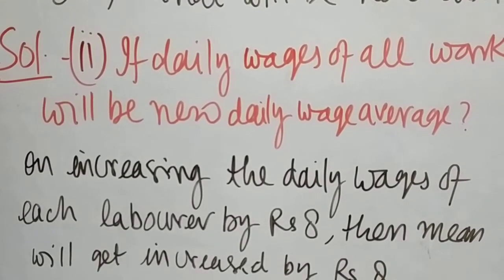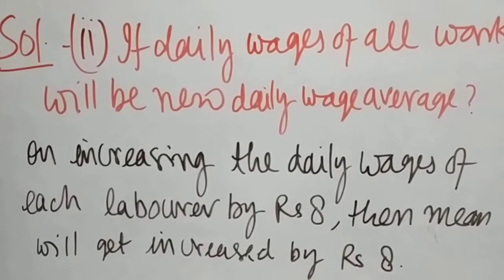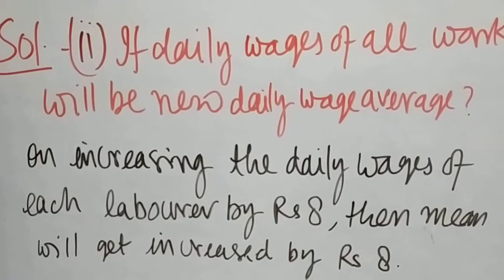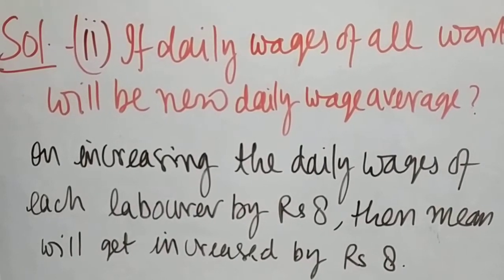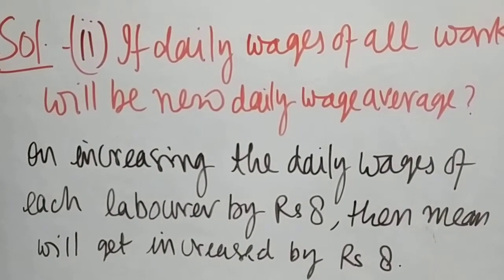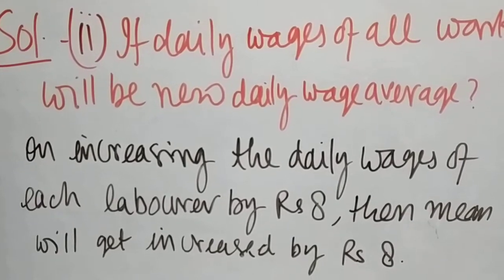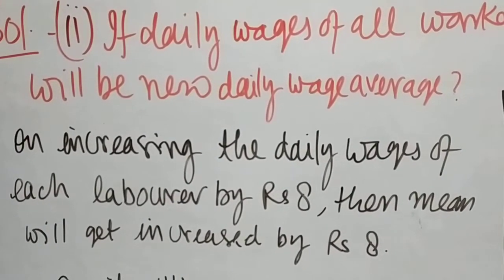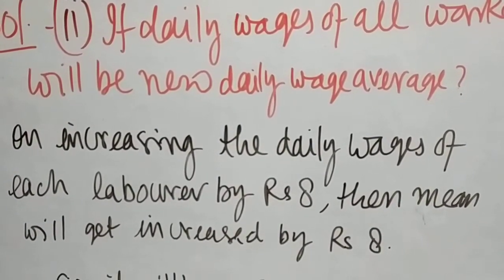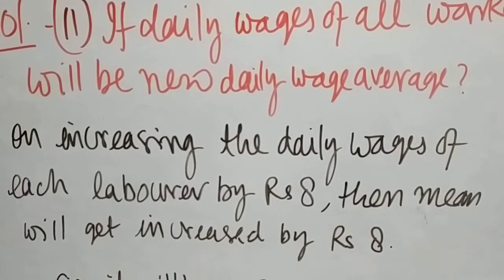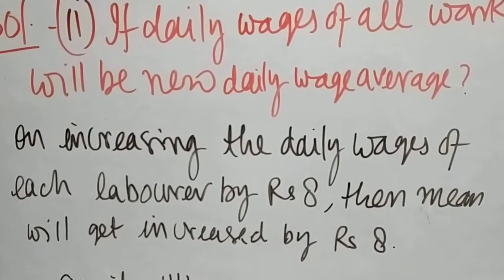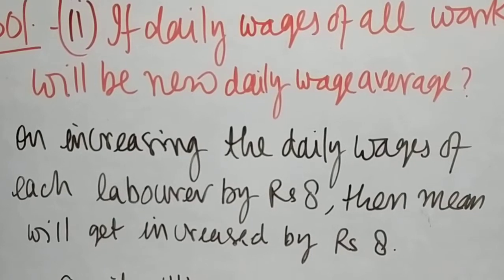Rather, it would have been solved in your mind. Now, on increasing the daily wages of each labor by rupees 8, the mean will get increased by rupees 8. Is it okay?